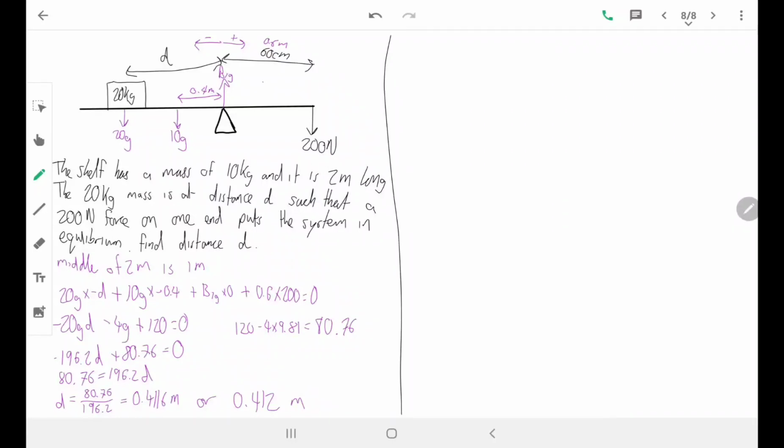We have one force going up, and therefore the big R must be the same as all of those added together. But we're not going to worry about that. Cool. So hopefully you got most of those correct. If you use 9.8 rather than 9.81, your values will be slightly different, but you should have the same method.